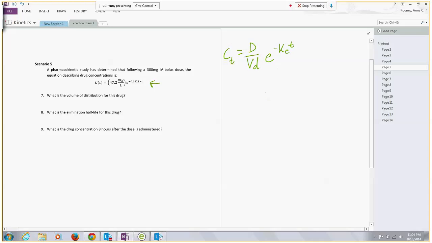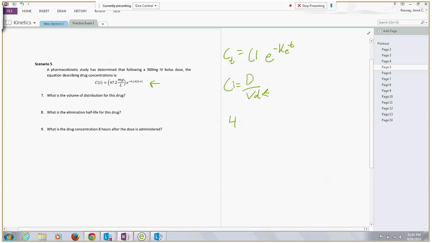We're given the clearance. But clearance happens to equal D over Vd, and we're being asked to find volume of distribution.